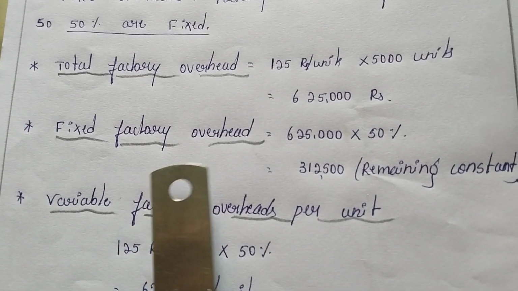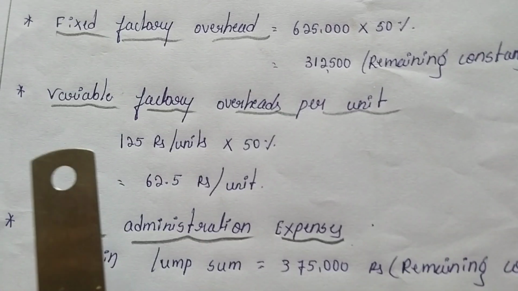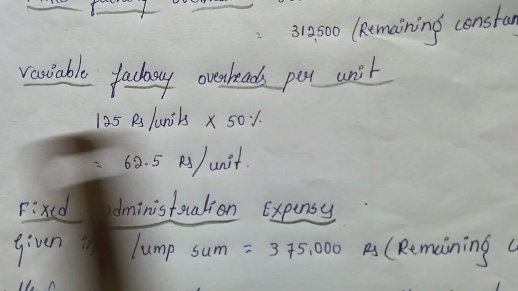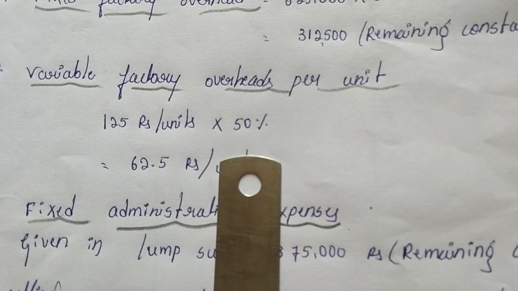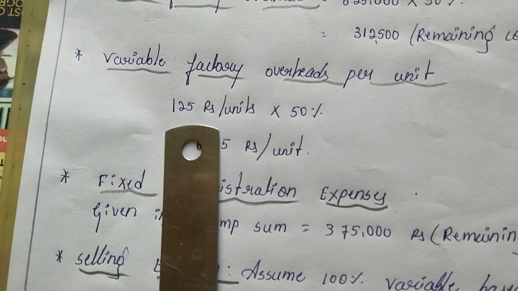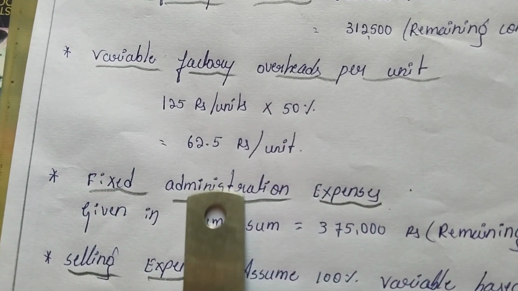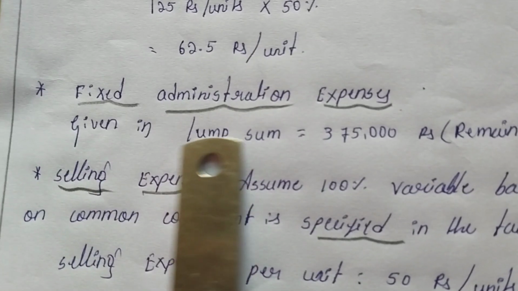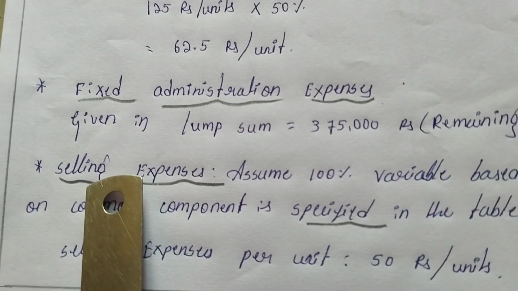These are the fixed factory overhead. Variable factory overhead per unit is 125 rupees per unit into 50%, which is 62.5 rupees per unit.